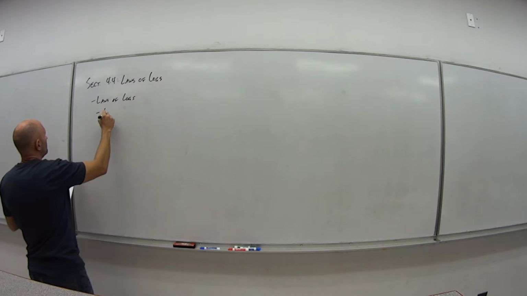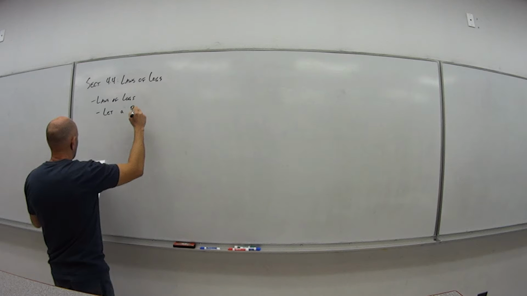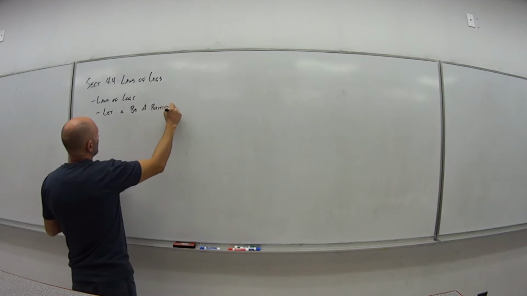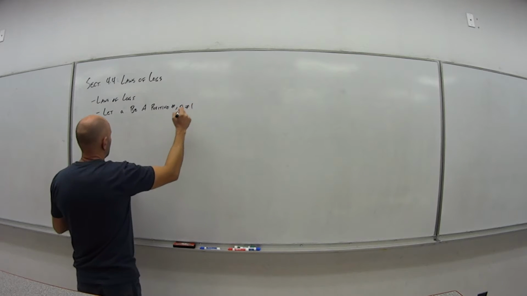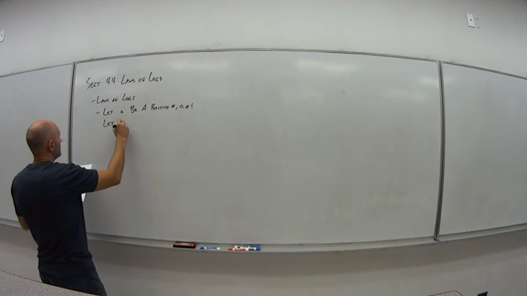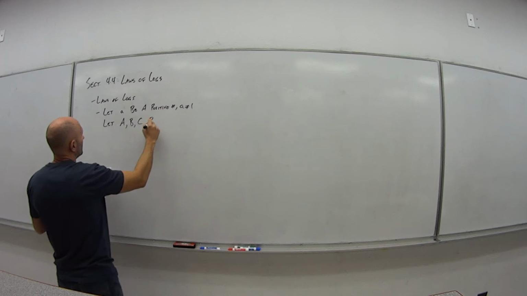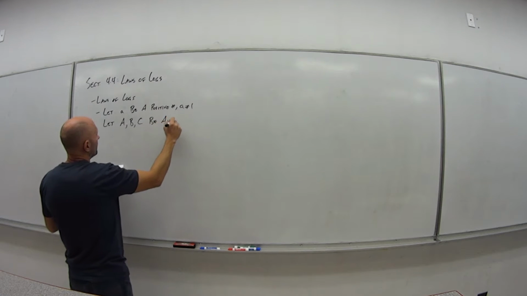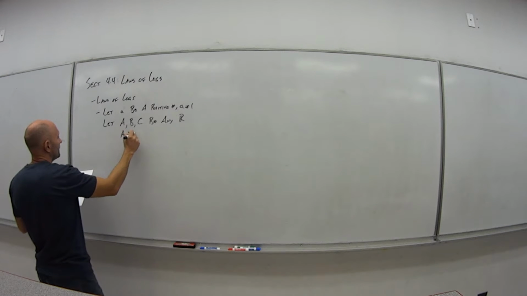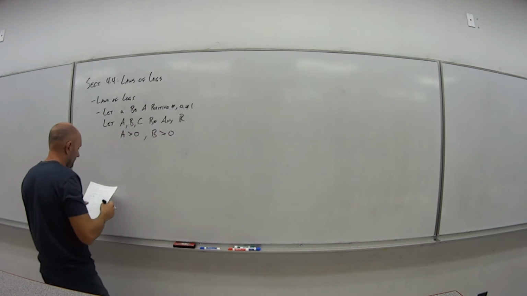First, we need to state a few things. We're going to let a be a positive number, and a is not 1. And we're going to let A, capital B, capital C be any real number, but capital A is greater than 0 and capital B is greater than 0.